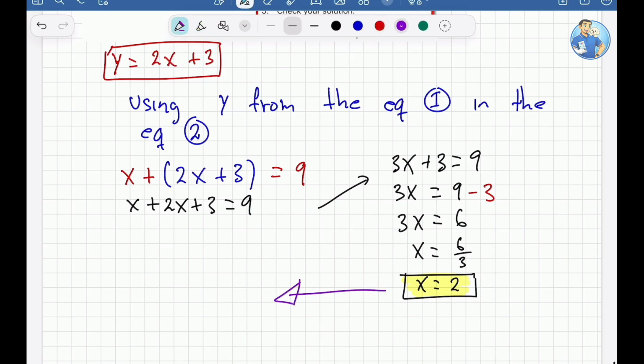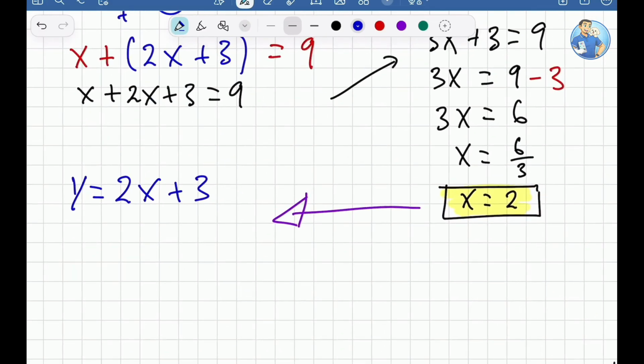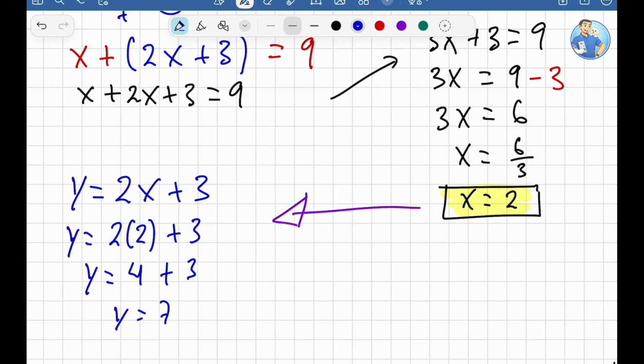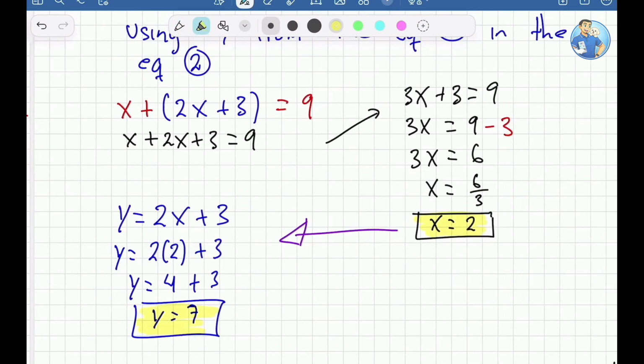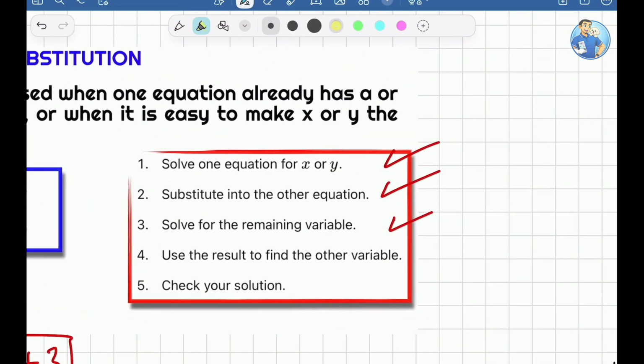Considering that y is 2 times x plus 3, and we already know the x, we can say y is 2 times 2 plus 3. Easy peasy, this is 4 plus 3, so y is 7. This is our result. So by doing this, we have x and y. This is, use the result to find the other variable.